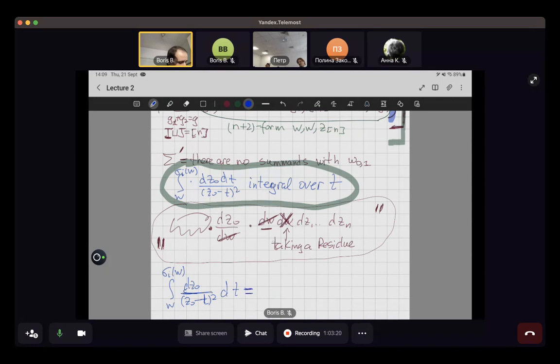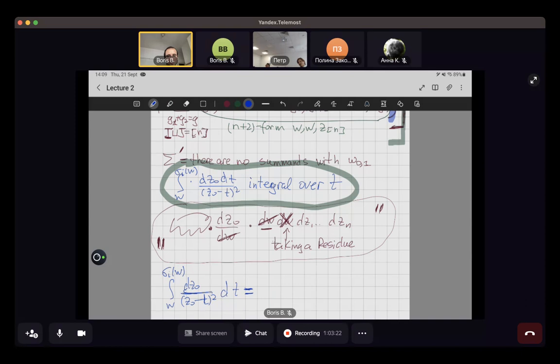So what is it? Let's compute. Can someone say what the answer is? We want to compute the integral.